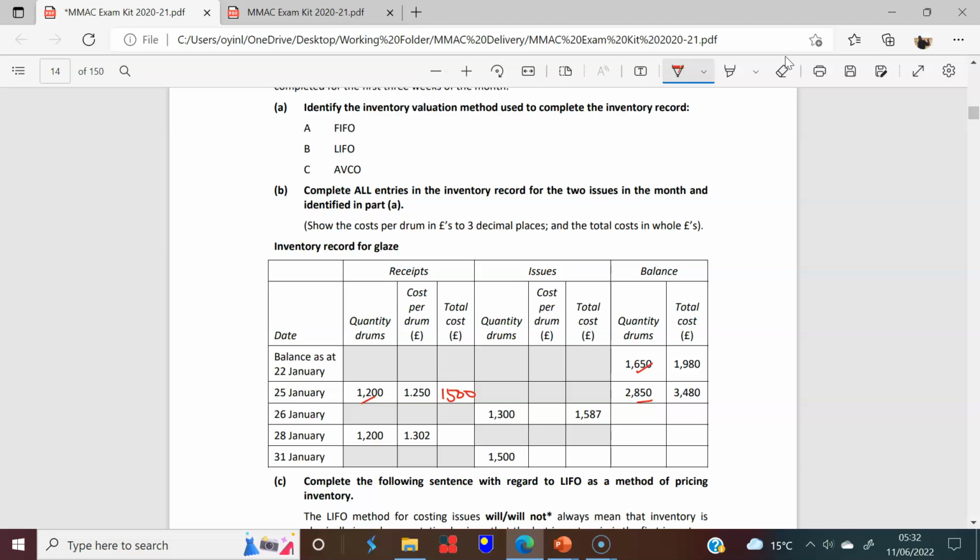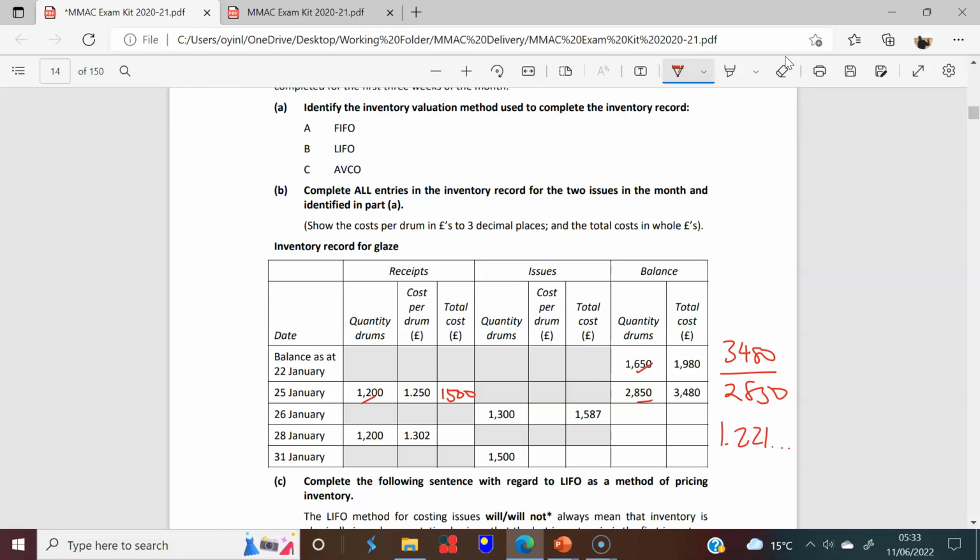So if I just wanted to test AVCO quickly, let's find the average first. That's 3,480 divided by 2,850. And that's the average cost of each of those units, £1.221. Keep it all in your calculator. Don't round up.